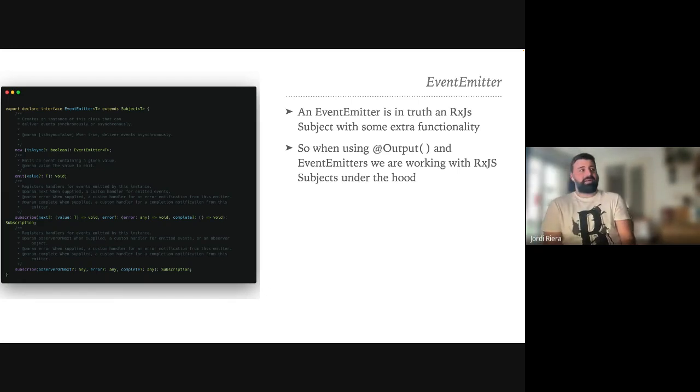So I think it pays a good reward sometimes to look under the hood, because you start clicking the pieces together. So in truth, when we're using the event emitter and the output, we're actually using RxJS under the hood. We just don't know.